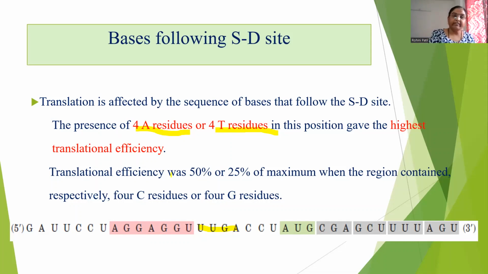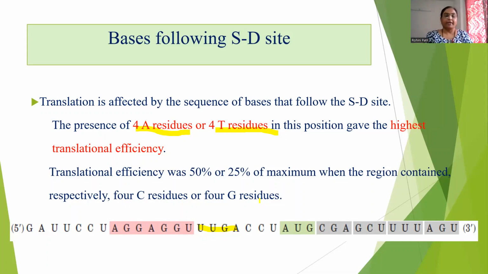And if there is a placement of 4 C residues or 4 G residues, then the translation efficiency is increased by only 50% or 25%.